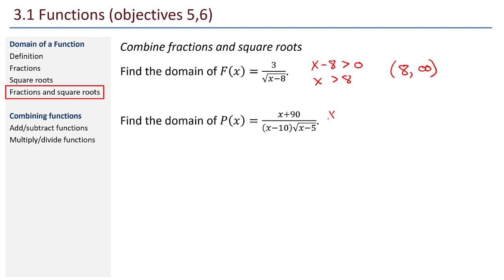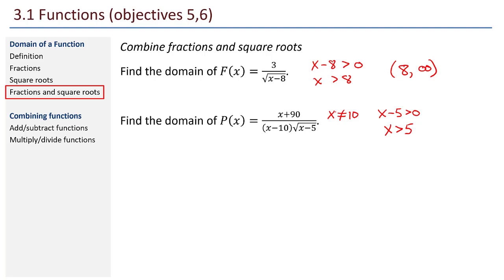So right off the bat, I know x does not equal 10. But what about the square root part? Well, like before, it needs to be greater than or equal to 0. Oh, but it can't actually equal 0 because it's in the denominator. So I want x minus 5 strictly greater than 0. So in other words, x is strictly greater than 5.